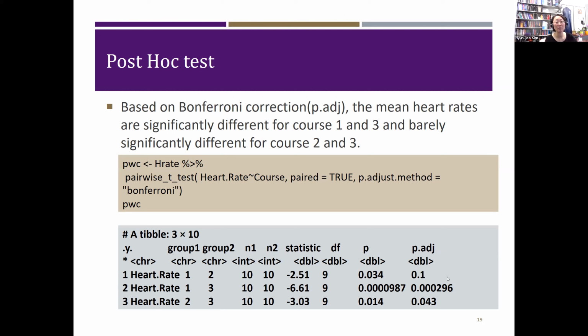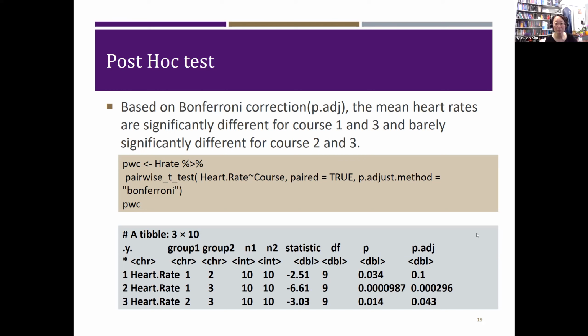Instead of making the significance level 3 times smaller, we are making the adjusted p-value 3 times bigger. So you will see that this value is simply the p-value times 3. So 0.034 times 3 will be approximately 0.1, and this number times 3 will be about this much, and so on and so on.